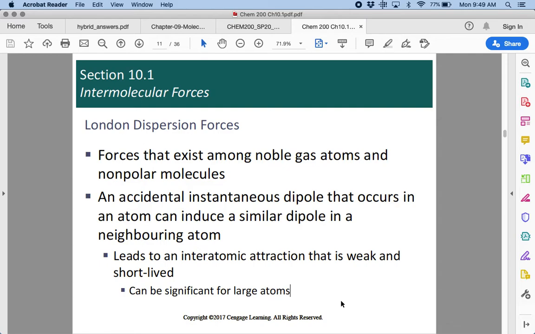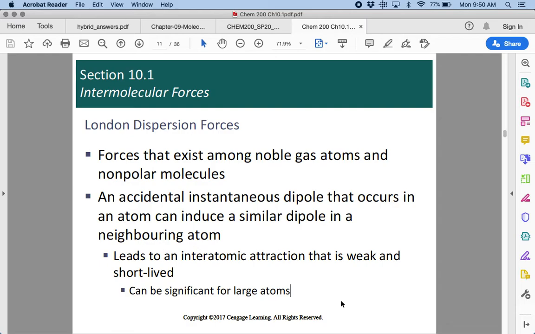Those instantaneous dipole moments are happening all over that molecule. If we have 10 carbons and all the hydrogens around that, that's a lot of opportunities for those instantaneous dipole moments to occur. Where if we only have something tiny like CH4, there's very few opportunities there.